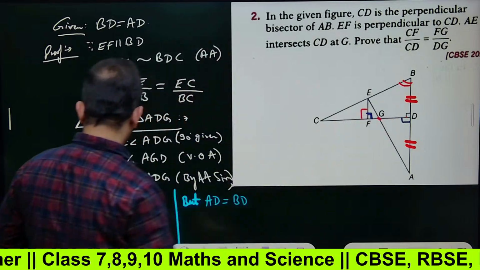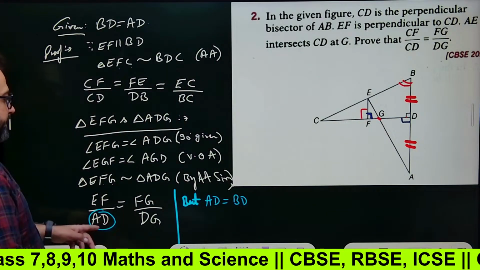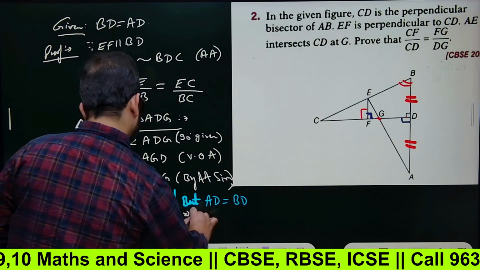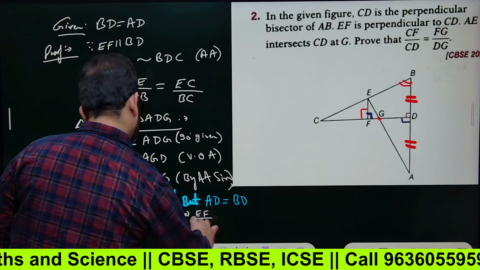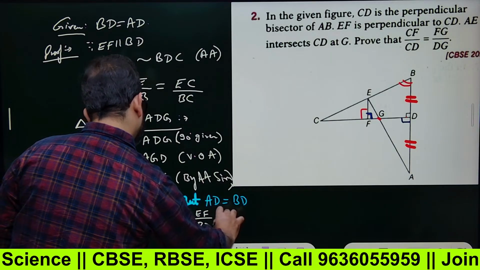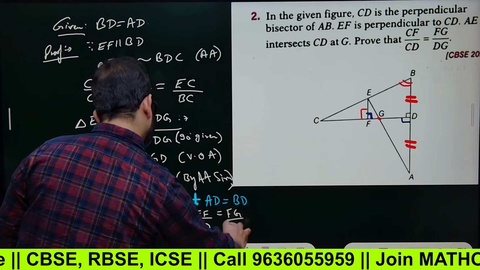So instead of AD, I will write BD. It implies EF upon BD will be equals to FG upon DG.